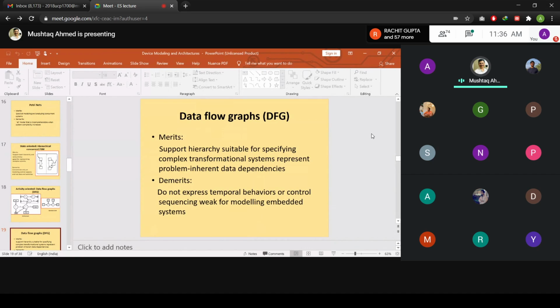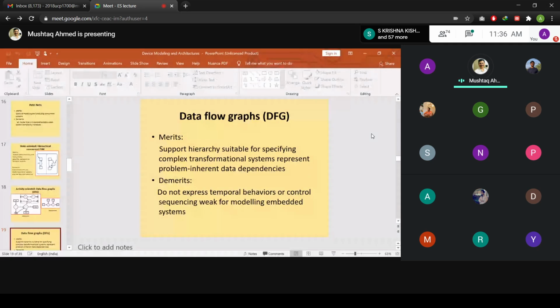system at this level, because it is a broad representation of the functions or behavior of the system, and you can only visualize it in a broad spectrum, that such operations would be performed by this particular system which we are modeling using this data flow graph.